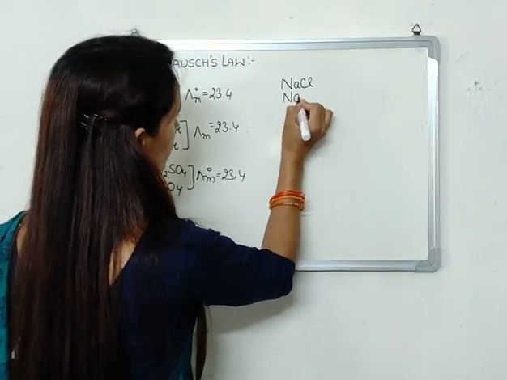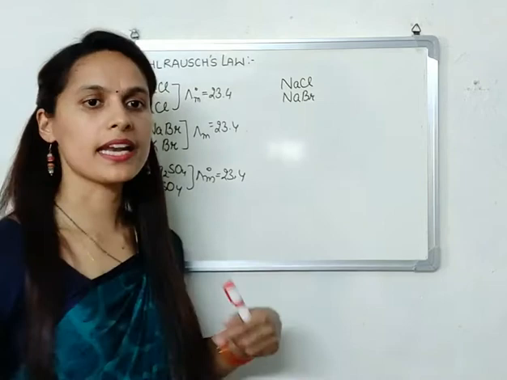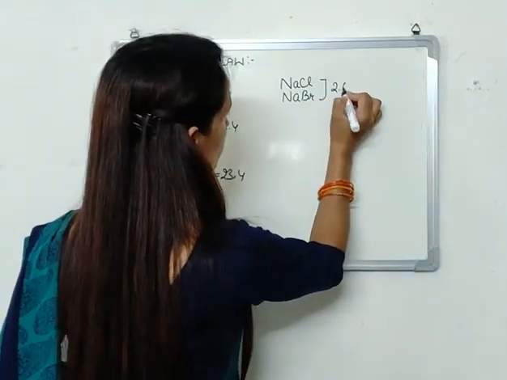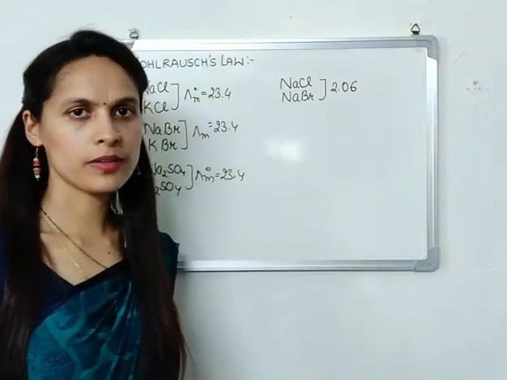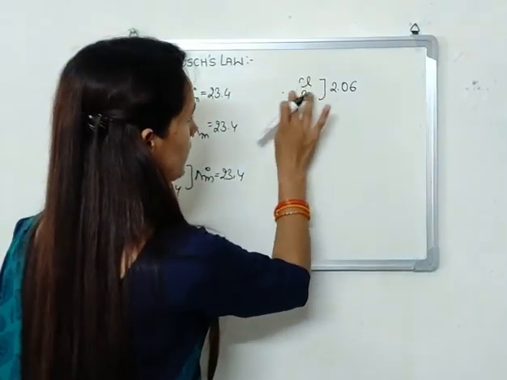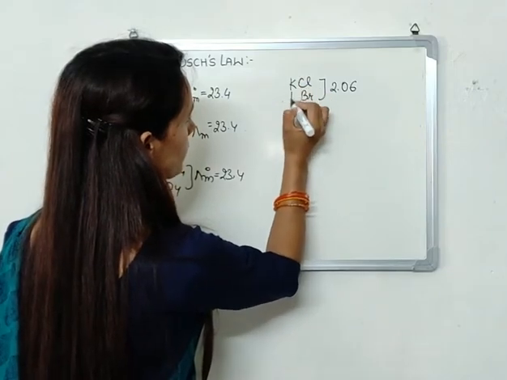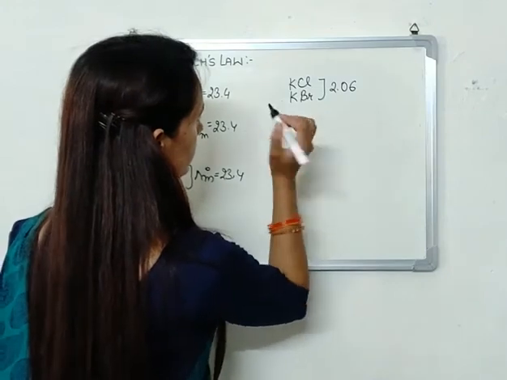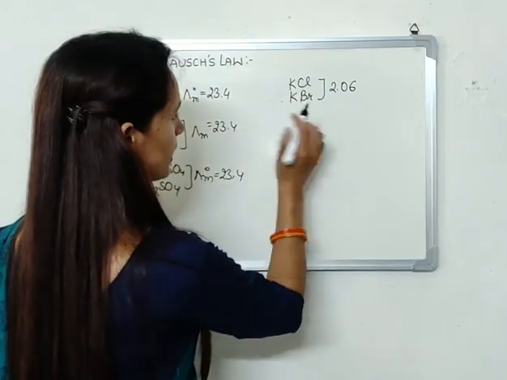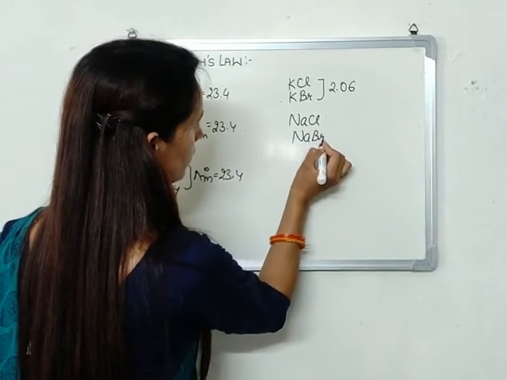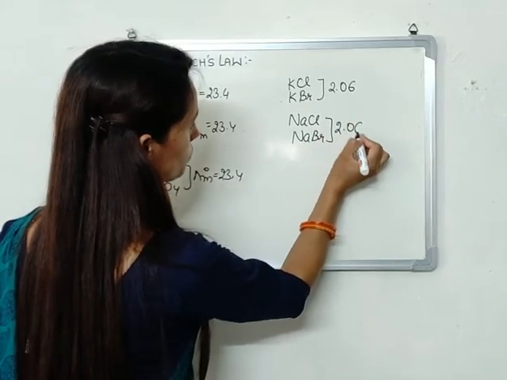Similarly, when he took KCl and KBr, the value becomes 2.06. When we take NaCl and NaBr, the value also becomes 2.06.